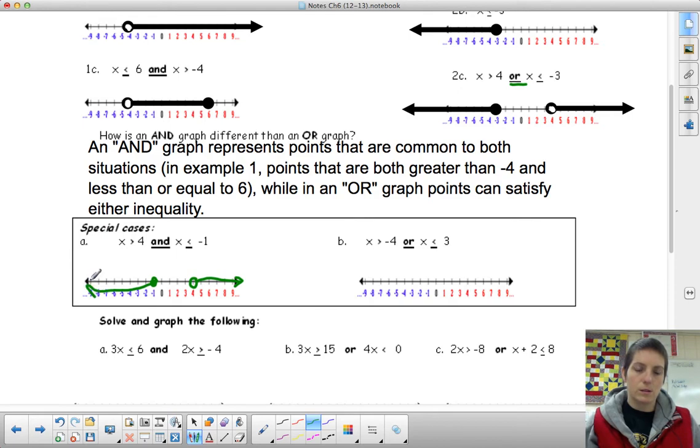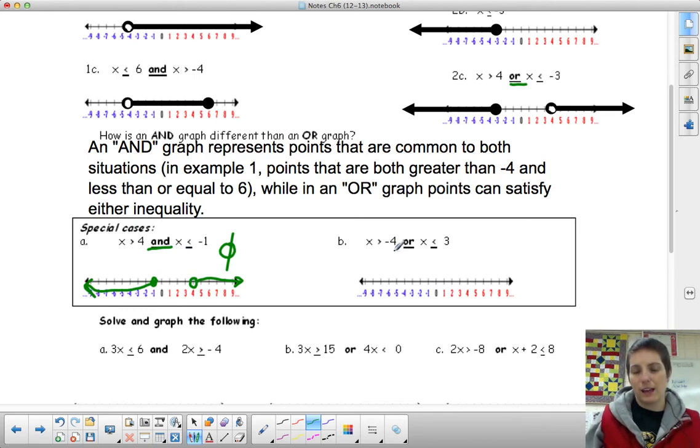Should have stayed on my line. Less than or equal. Are there any points that satisfy that? No, I didn't think so. When that happens, if there's an AND graph with no overlap, then we have no solutions. There's no shared points. This doesn't happen.